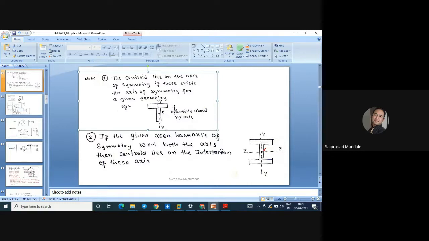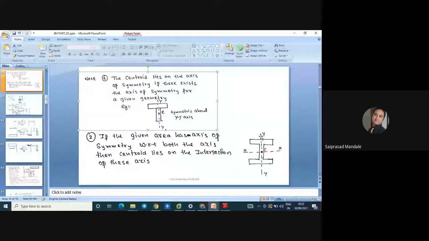So this C is the centroid of that section. If I have to look at both sections, I will cut at the center of the web and flange. So this is my flange, I will cut at the center. From this web I will cut it from the center.